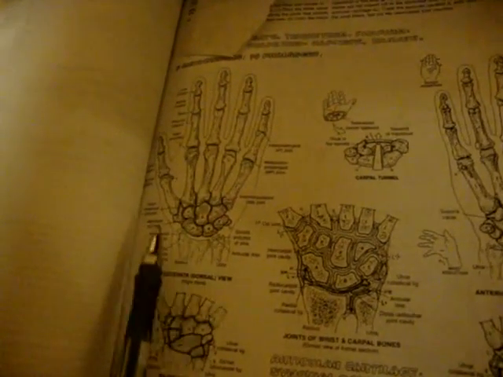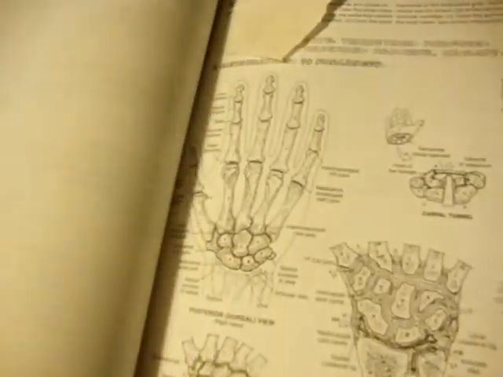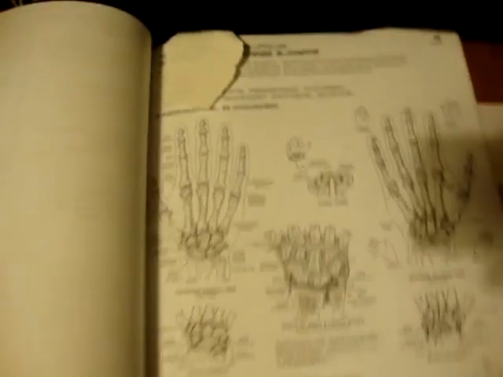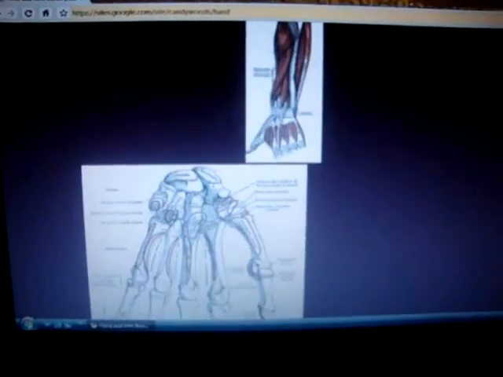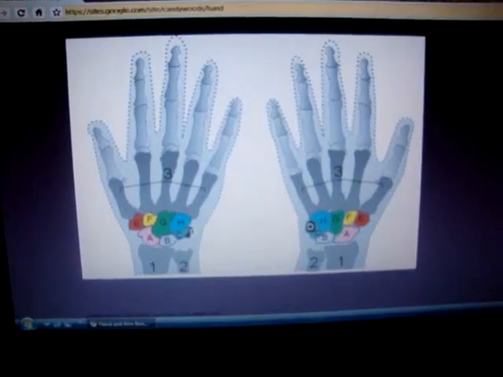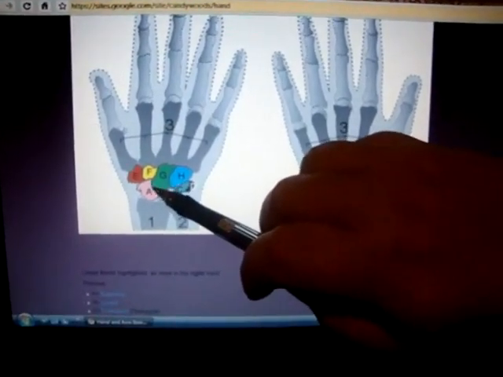The names of these bones aren't necessarily seen very clearly here. So if I look over here, it's letter A, it's the bone that we're looking for.